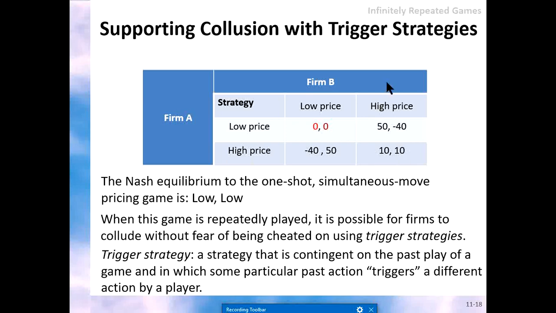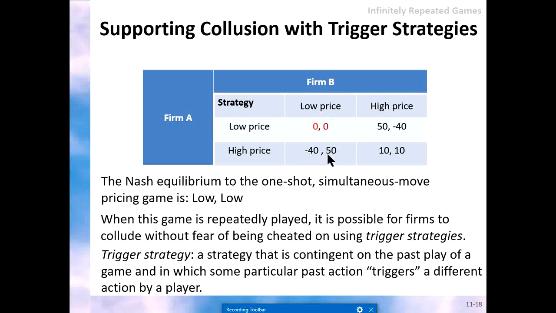But then, if one chooses high and another chooses low, let's say firm A chooses high and firm B chooses low, firm B will gain 50 while firm A will gain minus 40 in that shot.